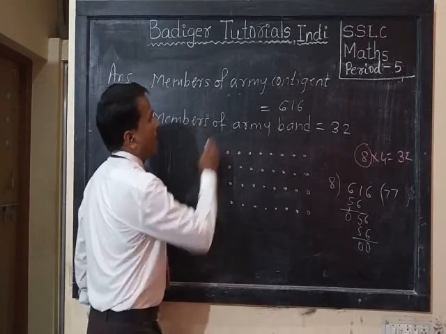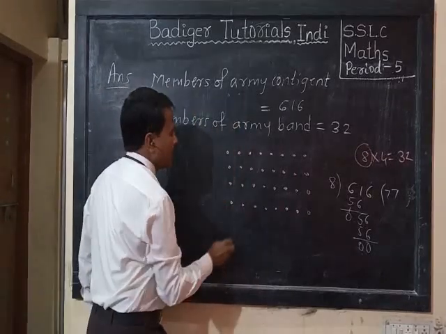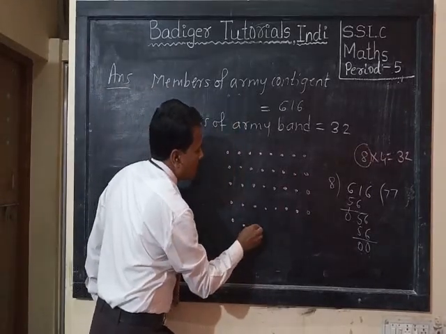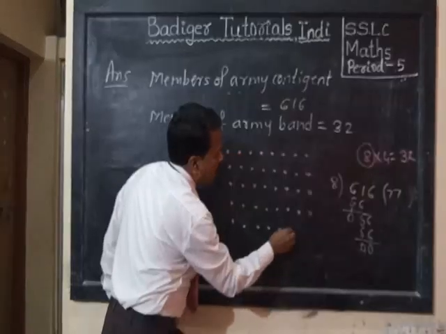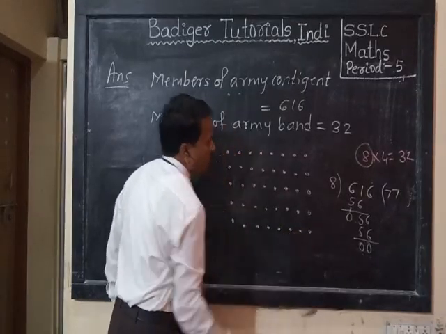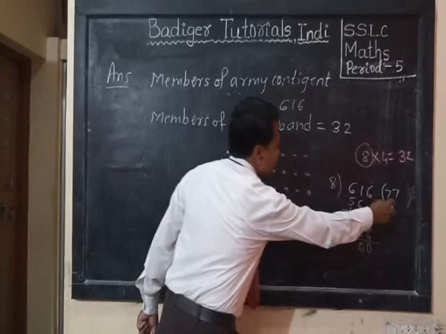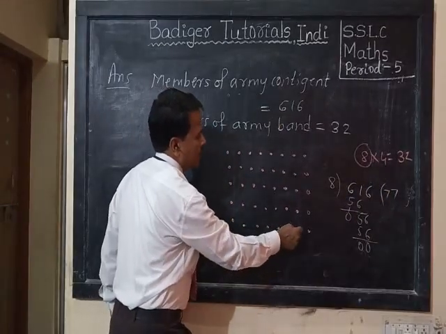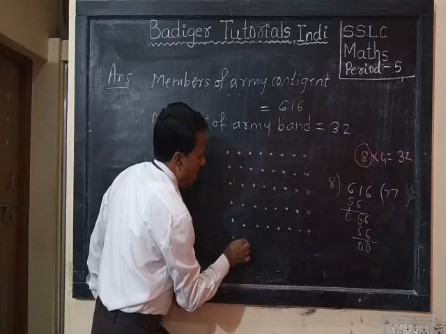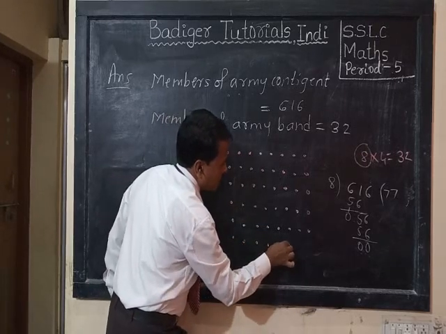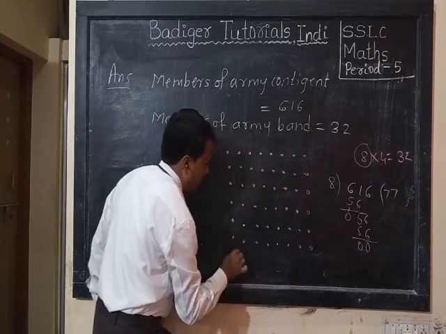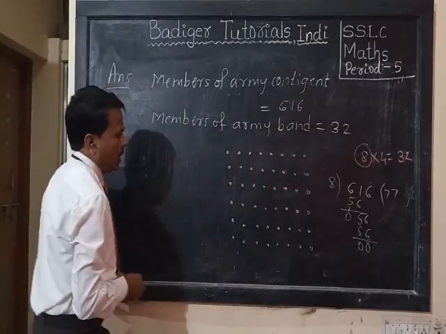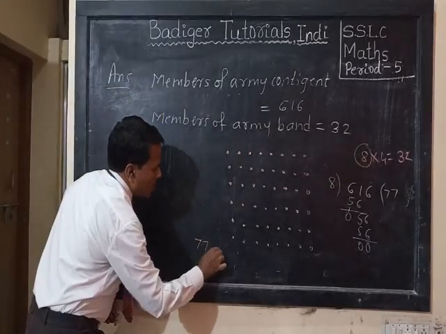So the remaining members of the army contingent will stand in how many rows? 77 rows, with 8 numbers in each row.